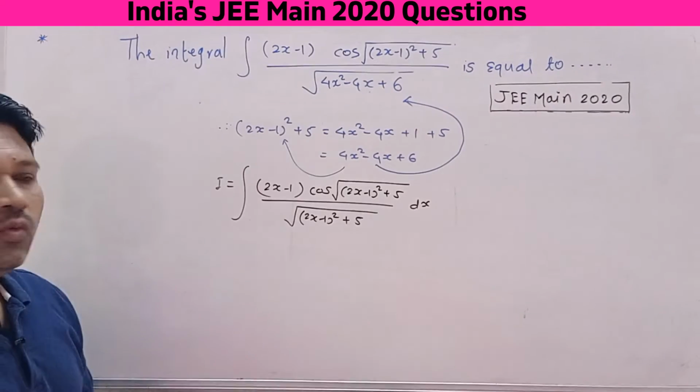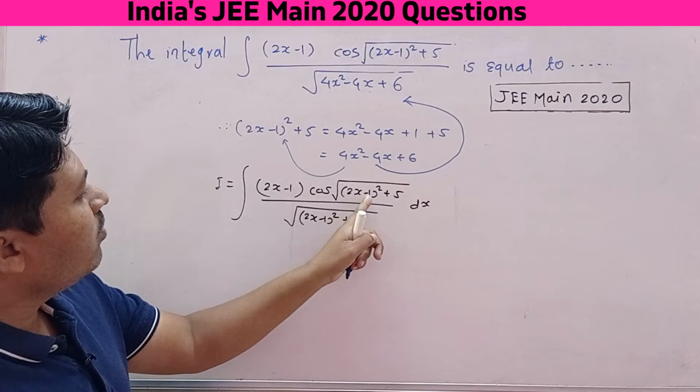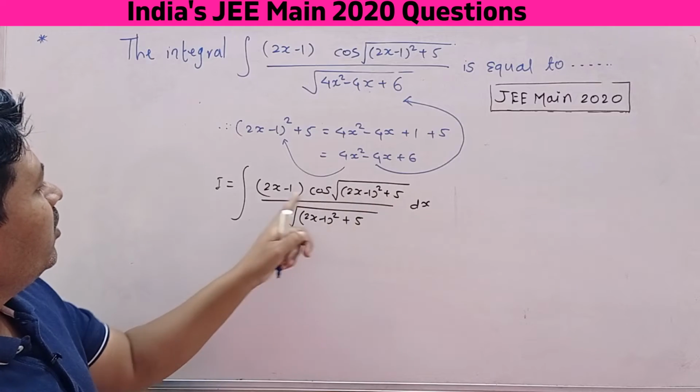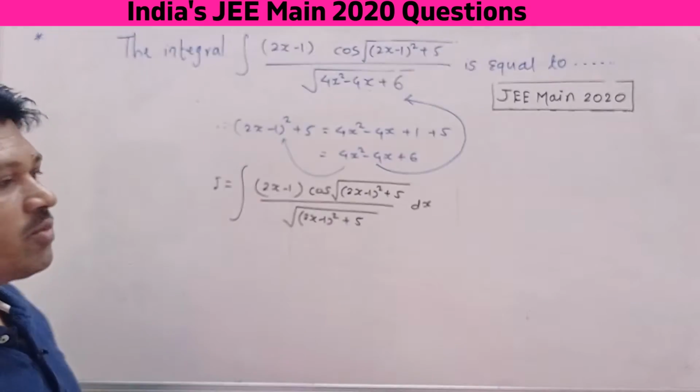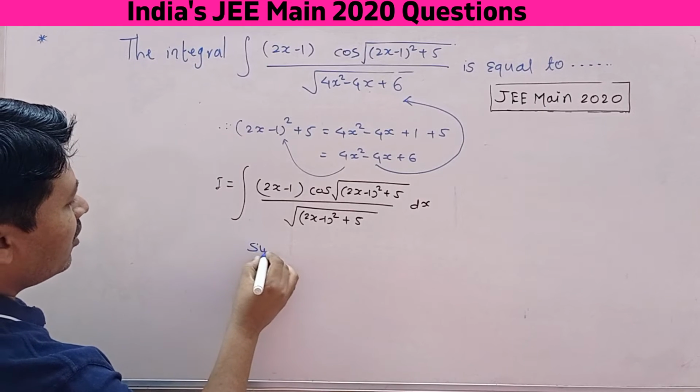Now observe (2x minus 1) squared plus 5, and its derivative is present in the numerator, 2x minus 1, therefore I can apply the substitution method.